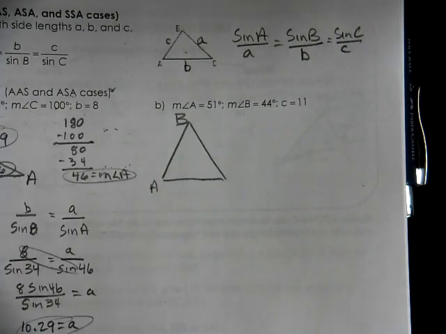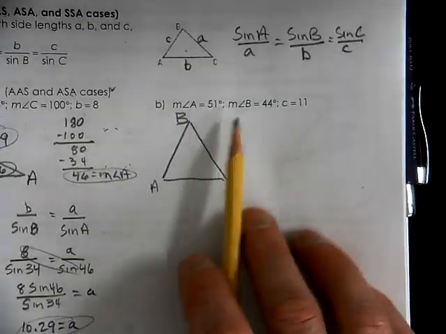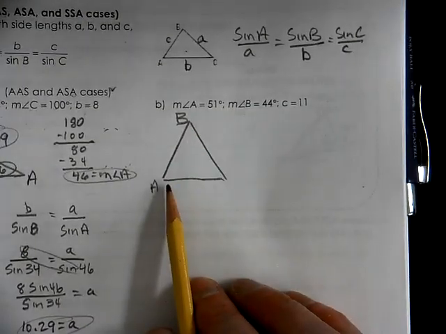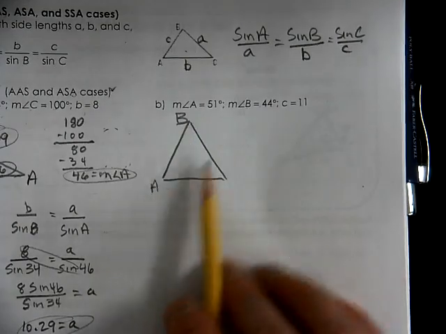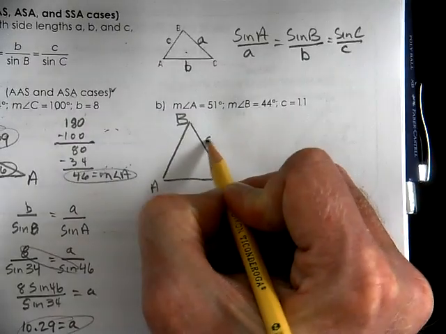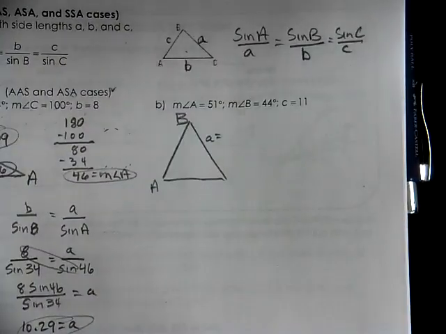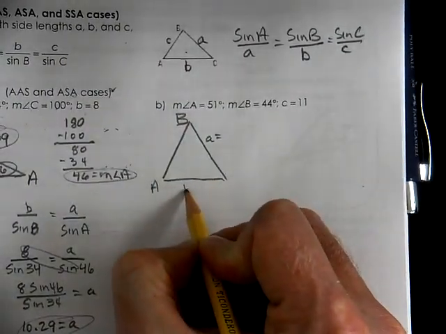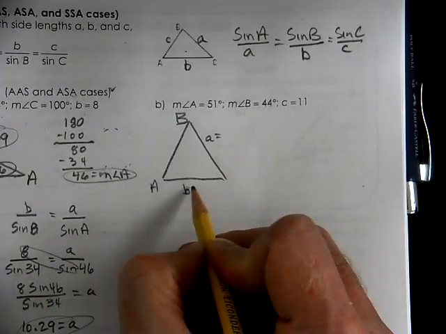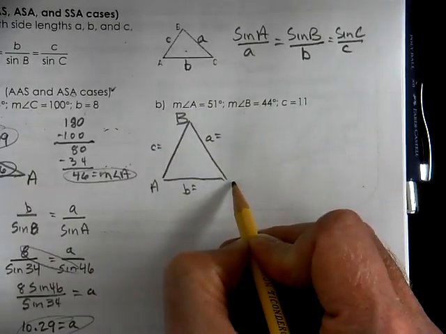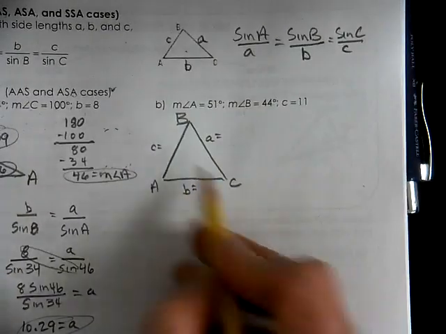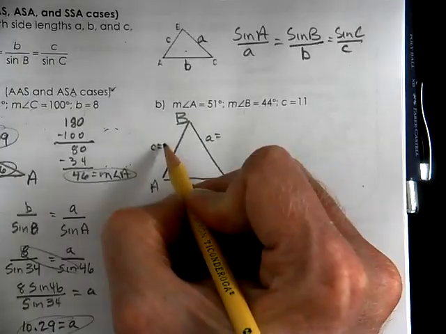Doesn't matter. I typically will always write an angle in my lower left-hand corner. And if I have an extra angle, I'll do that one to the top. So side A goes over here. Side B goes down here. Therefore, side C is going to be across from angle C. That's going to be here.